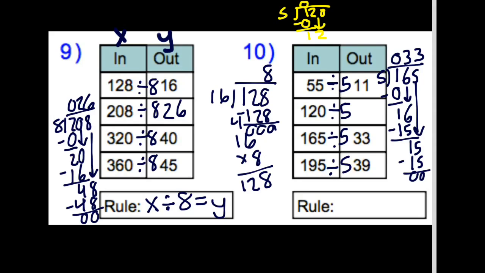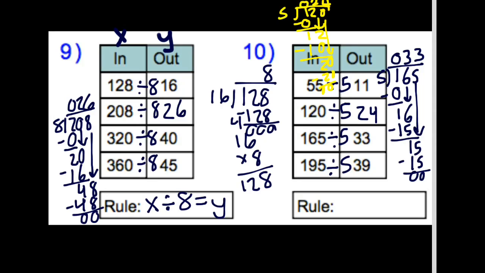Bring down the 2. 5 goes into 12 2 times. 5 times 2 is 10. 12 minus 10 is 2. Bring down a 0. 5 goes into 20 4 times. 5 times 4 is 20. 20 minus 20 is 0. So 120 divided by 5 is 24.